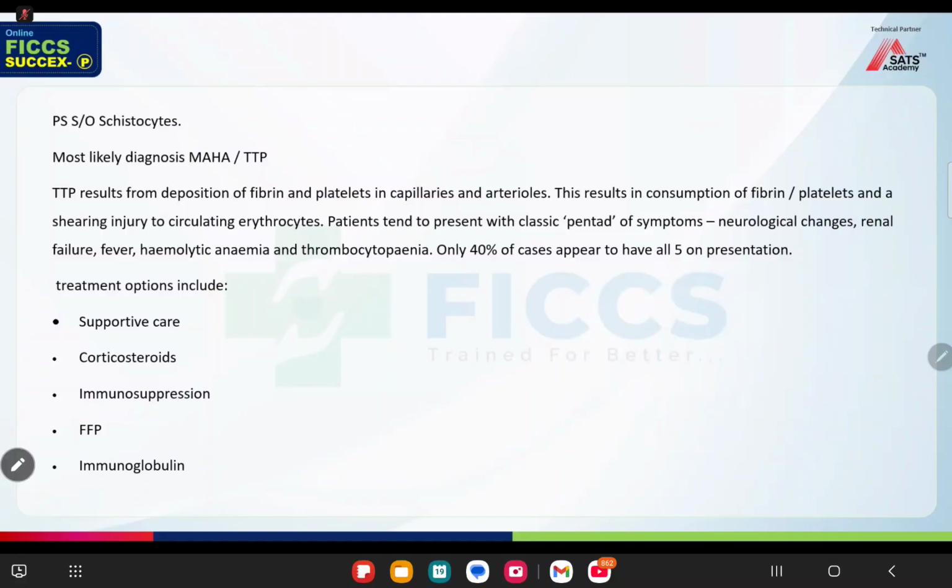Along with that, thrombocytopenia. It is not a very common presentation that all five things you may get in one patient, but yeah, you can think about it. So treatment options are supportive care, corticosteroid, immunosuppression, along with FFP for plasmapheresis and immunoglobulin.